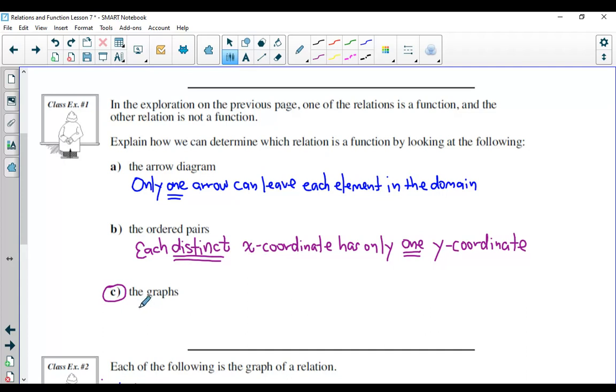I'll say if the graph passes the vertical line test, then it is a function.